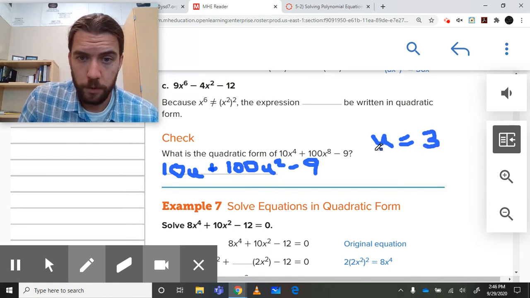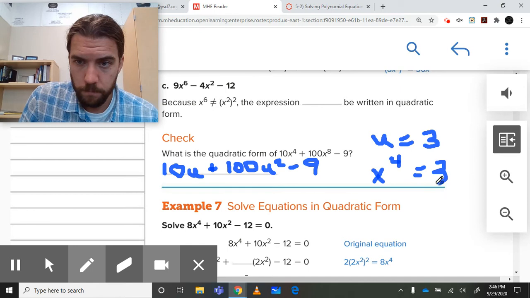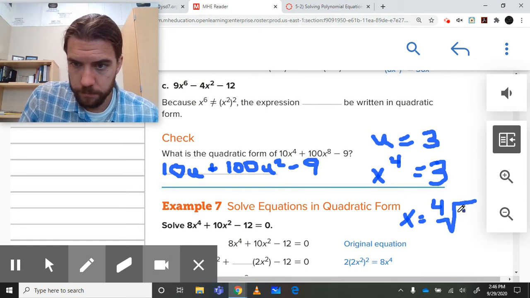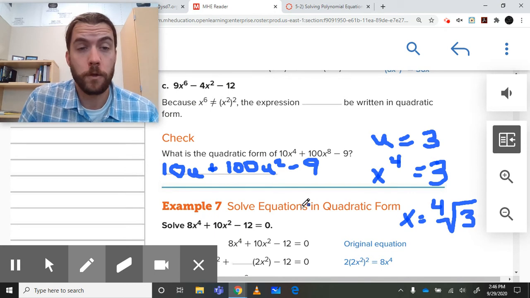Well, if u was originally defined as x to the 4th, then we know that x to the 4th equals 3. And we can take the 4th root of both sides, and we can say that x equals the 4th root of 3. Okay, so that would be the process.